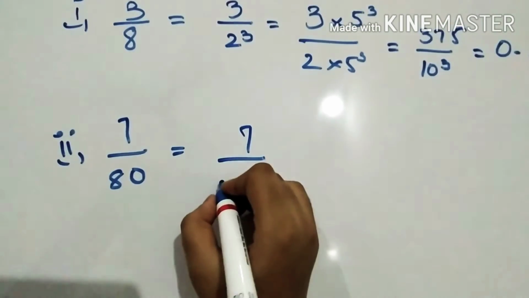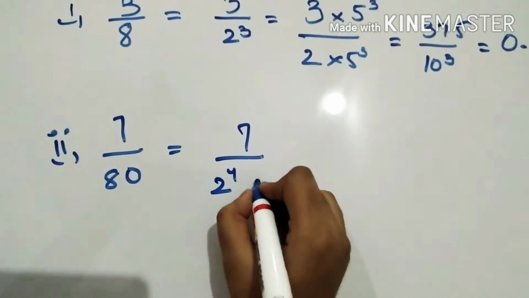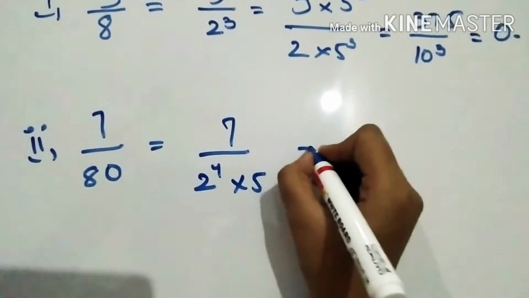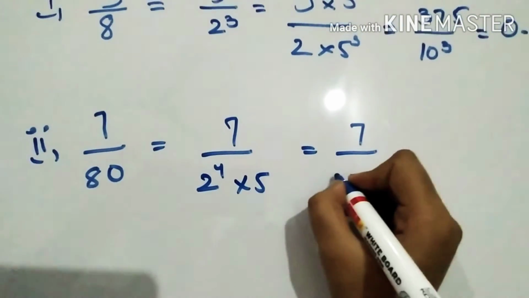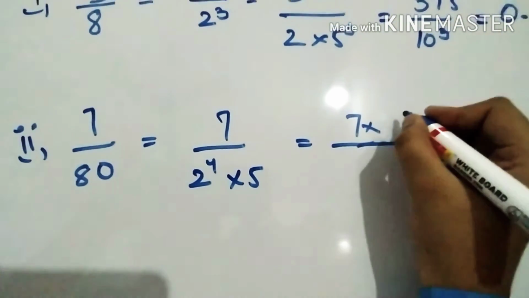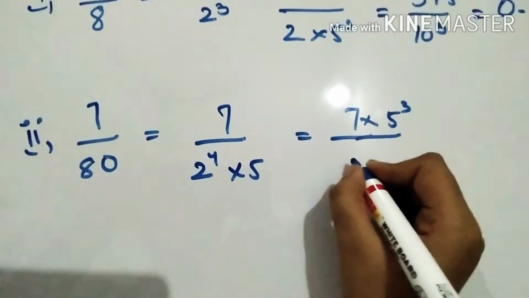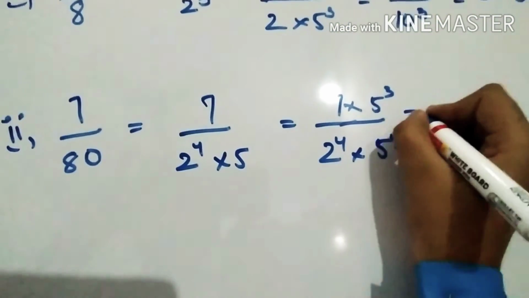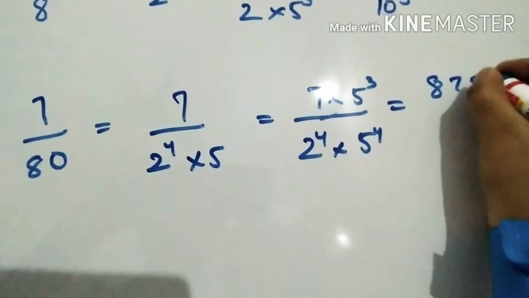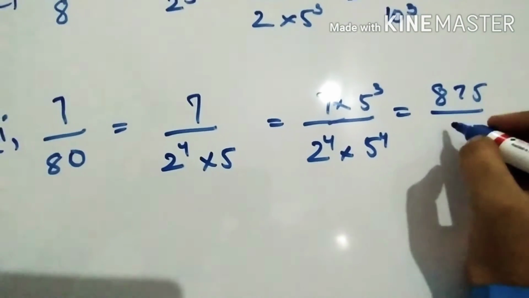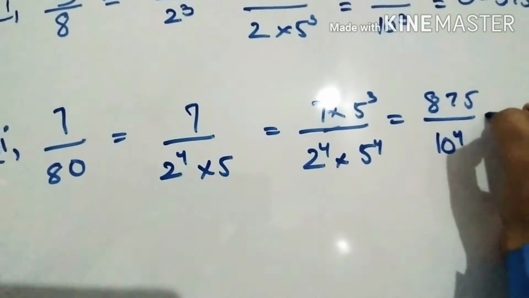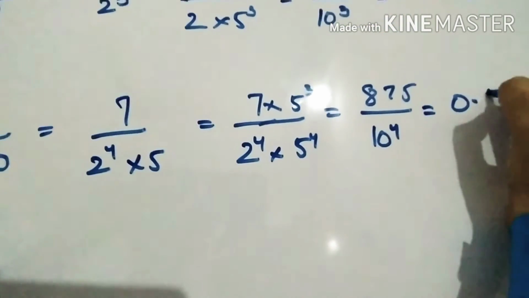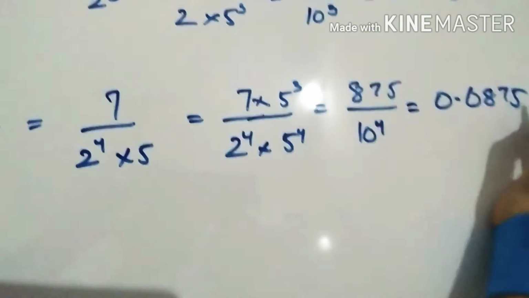And here 80 we can write as 2 to the power of 4 into 5. Multiplying by 5 cube gives 2 to the power of 4 into 5 to the power of 4, so we get 875 by 10 to the power of 4, which is 0.0875.